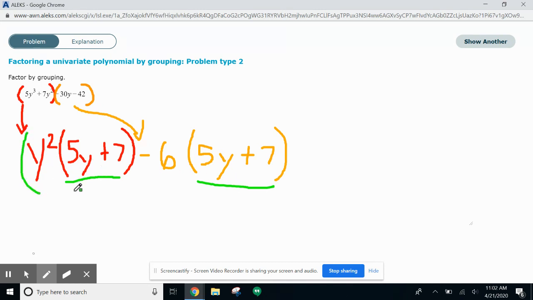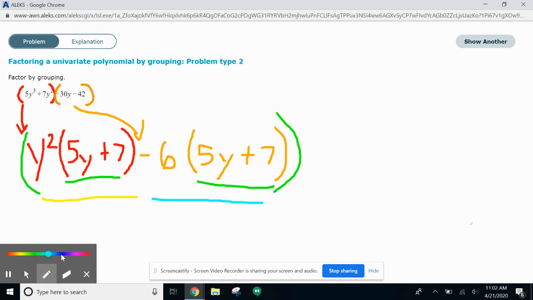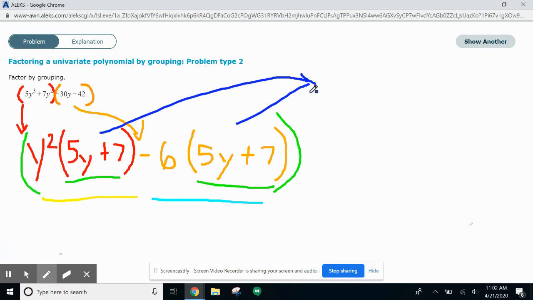So if I look at this whole thing, I've got my term on the left, I got my term on the right, and I have these two green that are going out. So now I'm going to draw it in blue to make sure my final answer matches the explanation. And 5y plus 7 can be taken out.